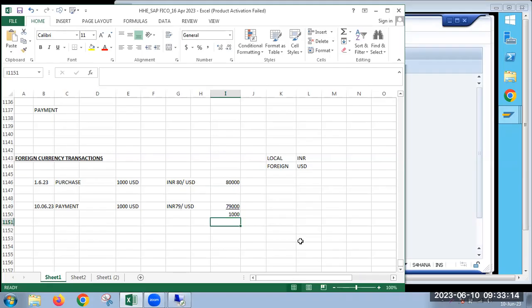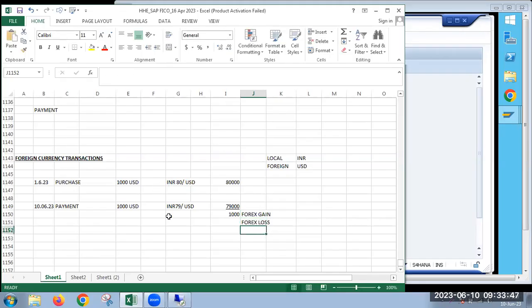So how do we treat this amount? Forex gain. Yes, this will be treated as forex gain. So any payment difference, because of the rate difference, we identify as a forex gain. At the same time, if we had made the payment at the rate of 81 or 82, anything more than that, then the difference will be treated as a loss, a forex loss.